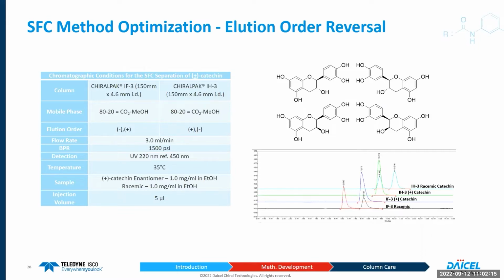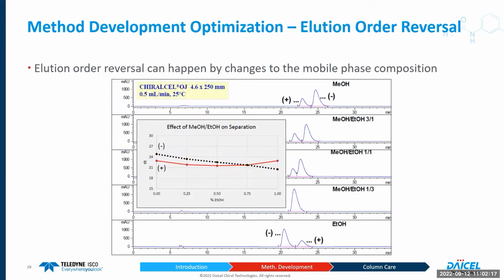But again, as an example, even the same column changing mobile phase can have a dramatic effect on the elution order. This was a DDT analog, which separated well on Chiralcel OJ. At the top here, under 100% methanol conditions, you can see based on CD detection, the positive enantiomer was eluting first and the minus enantiomer was eluting second.